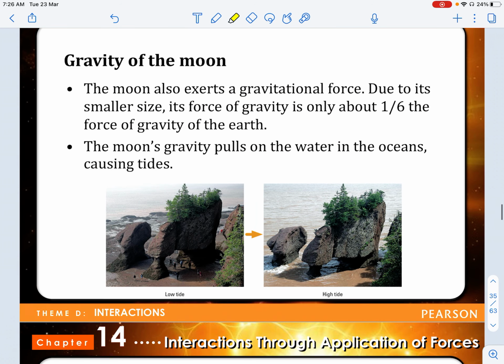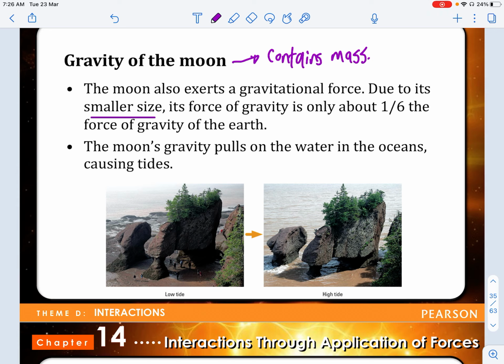The moon also exerts a gravitational force because the moon contains mass. However, due to its smaller size, meaning it has less mass, the force of gravity is only about 1/6 of the force of gravity of the Earth. Meaning, in terms of pulling towards the middle of the moon, it is 1/6.